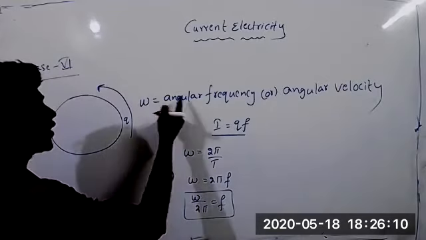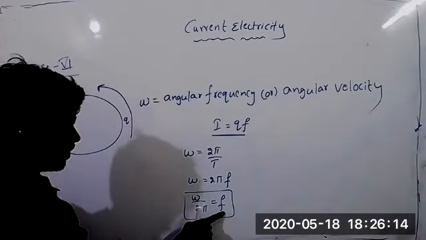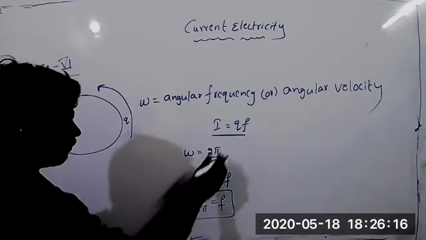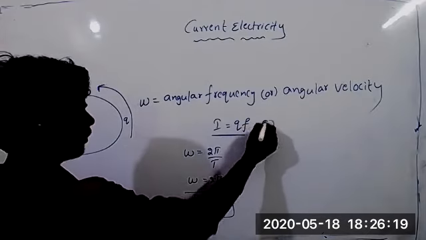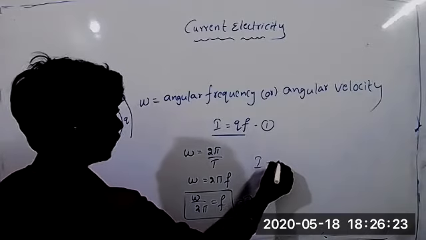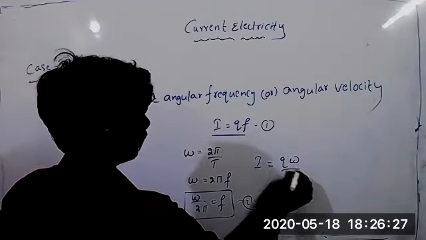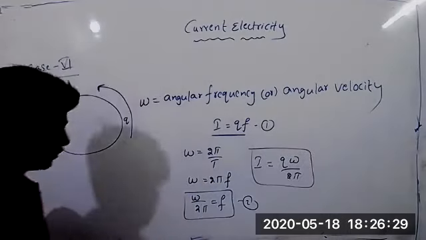When they have given angular frequency, that means they have given frequency. Substitute equation 2 in 1: I equals Q omega by 2 pi. It is the current formula.